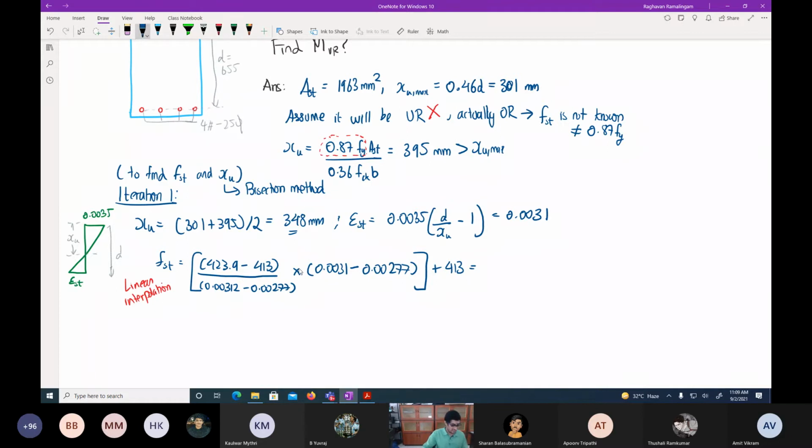Just try to find out how much you get for the stress, Fst. Just simple arithmetic.